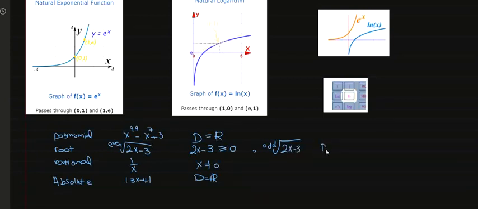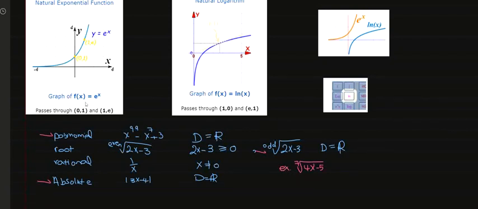We say that the domain here is all real numbers. So we have the domain all real numbers for the polynomial, the absolute of a function, and the odd root. This odd root might be the 7th root, the 3rd root, the 5th root of any function. Okay, this is as an example. This is the first category.